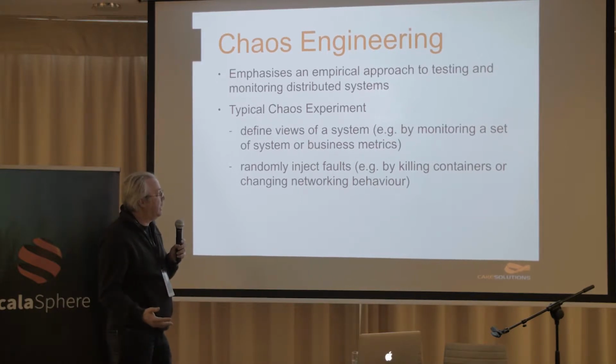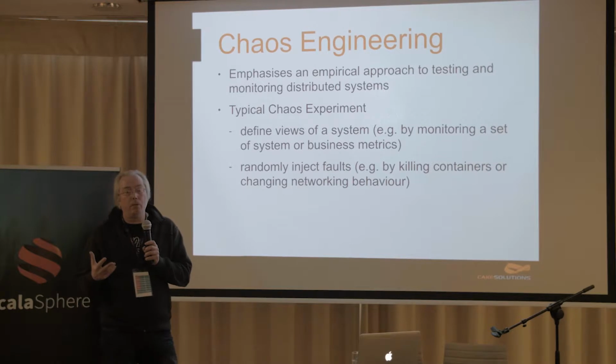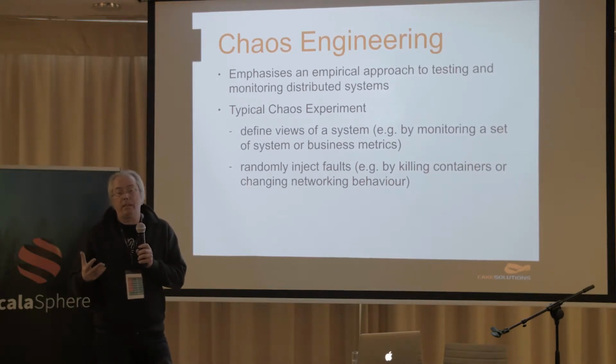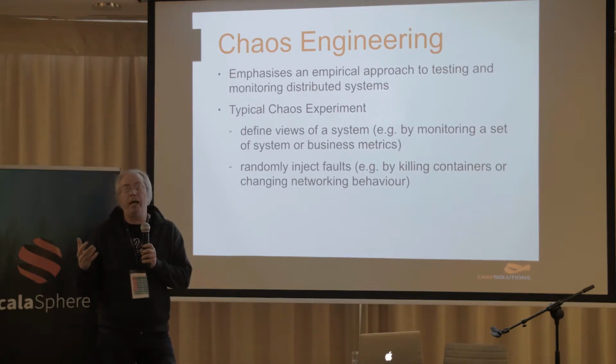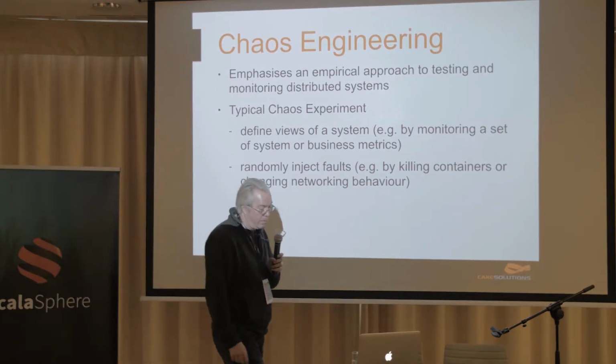You might kill containers, which is a traditional chaos monkey approach, or you might start changing networking behavior. Or, for myself, I'm more interested in working at the system level, so actually changing characteristics of function calls, be they at a system OS level or within some form of JVM, to see literally what happens.